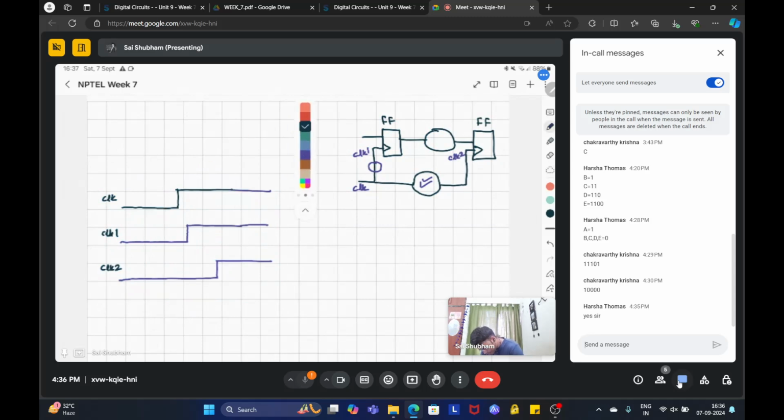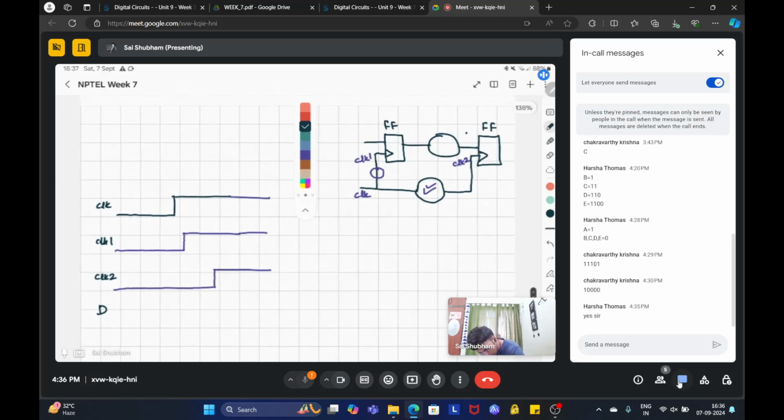Now I have D. This requirement, and this D is what we are talking about. We know that this is already available. So clock 1, clock 2, fine.